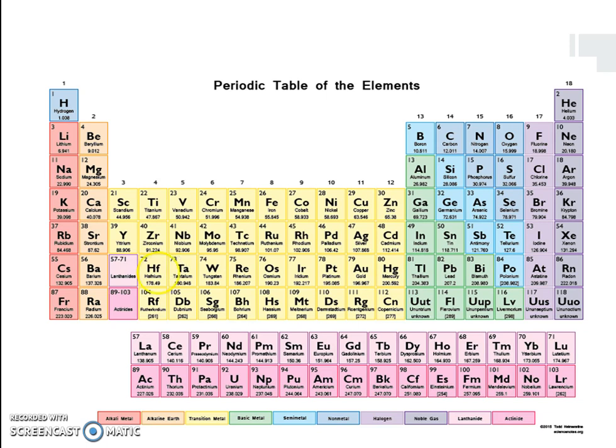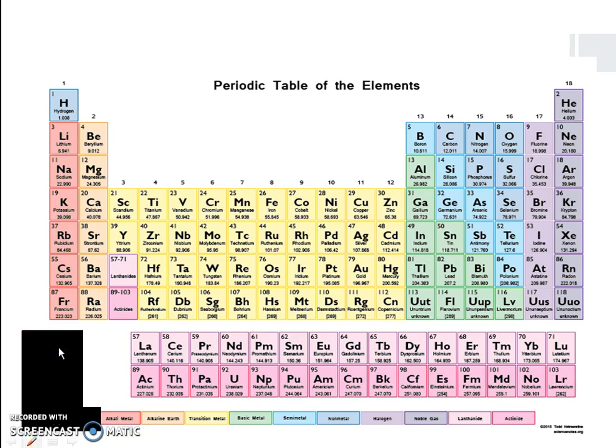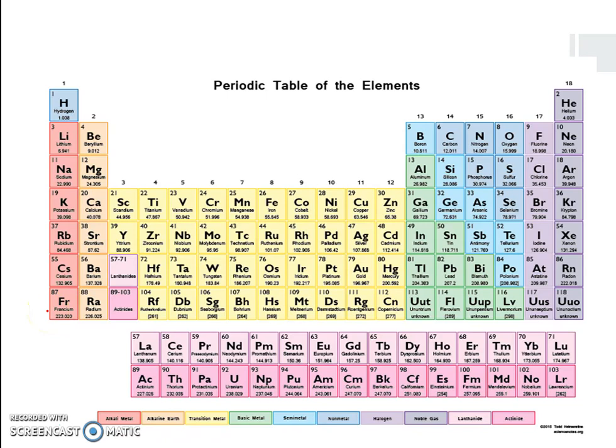Alright, so here we go. Let's look at this. So here we have our periodic table. And our main group elements are going to be these ones closest to the top, ignoring the transition metals and the lanthanides and actinides.